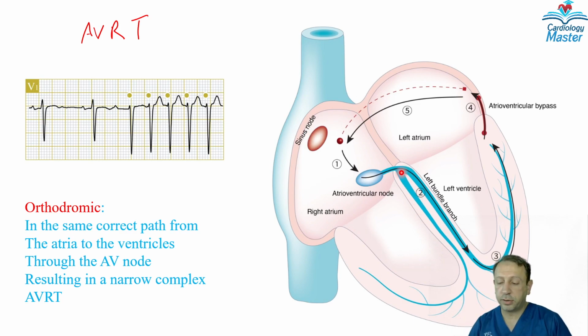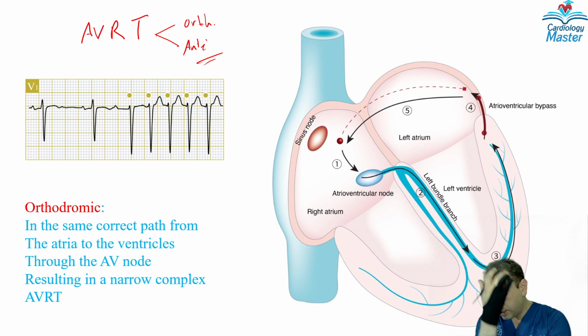The re-entry circuit is composed of both the atria and the ventricle. That's why it's called atrioventricular re-entry tachycardia. But it has two types or two manifestations. One of them is called orthodromic and the other one is called antidromic. So what's the ortho and what's the anti? That depends on the circuit. How does it propagate?